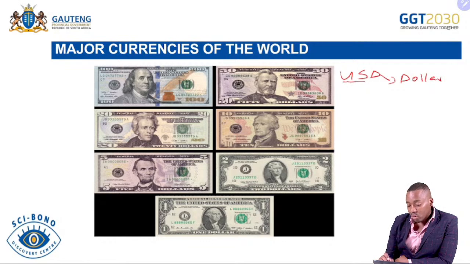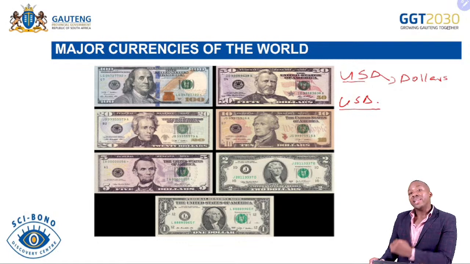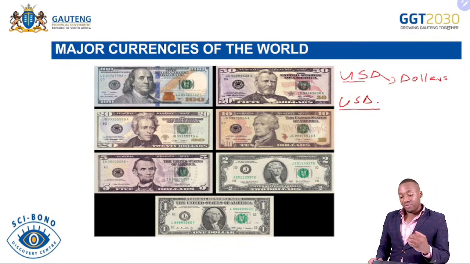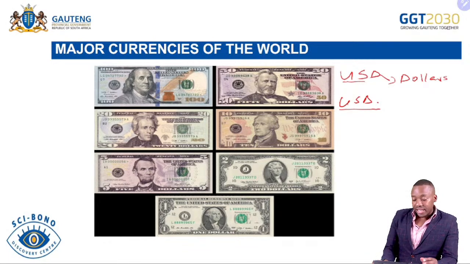So US is United States. What do they use? Dollars. Hence, they say it is USD. So here it is the 3-letter code of the currency. So USD is one of the major or main currencies of the world.